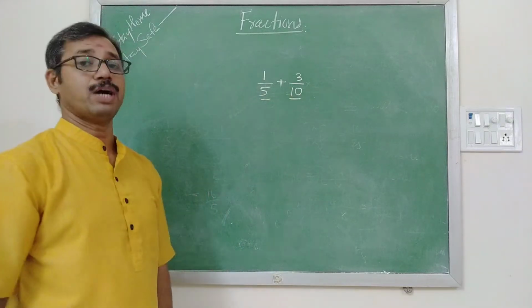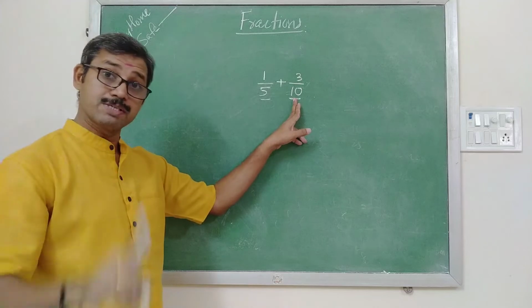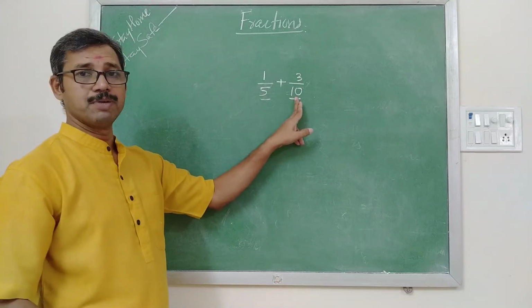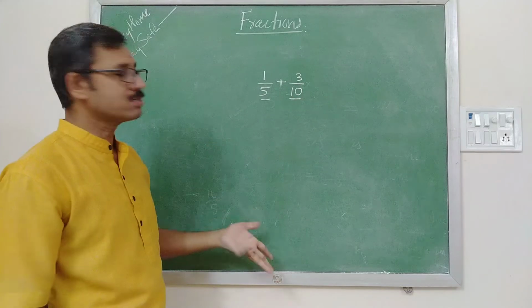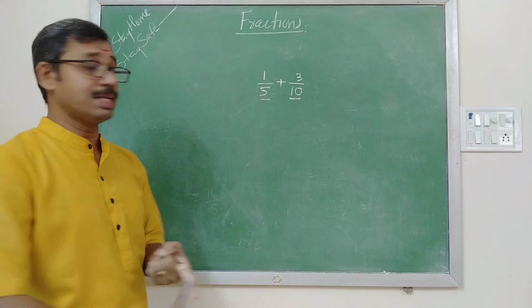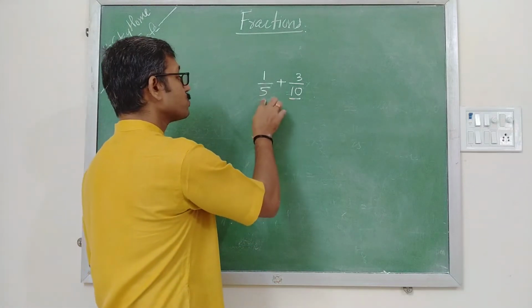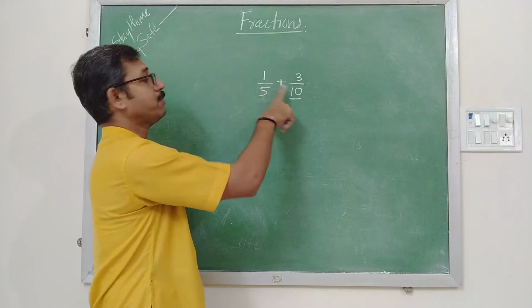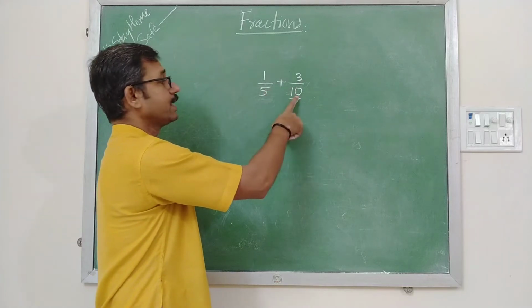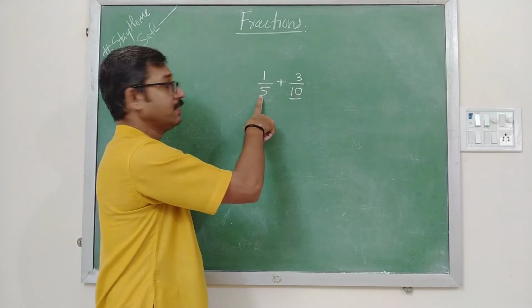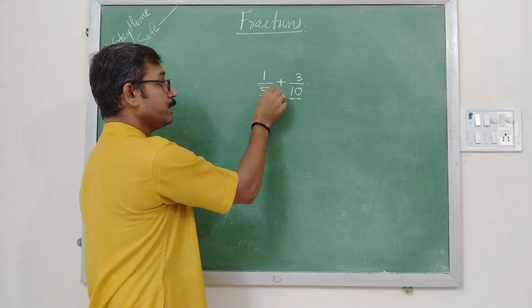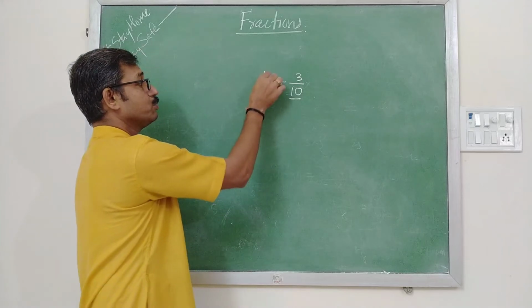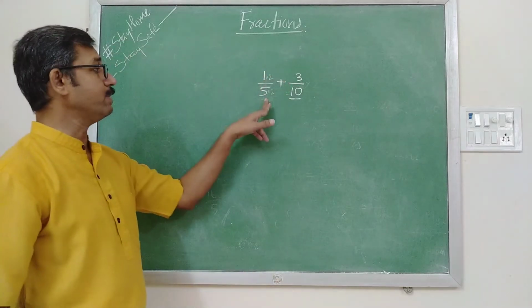So in order to add two fractions, the denominator must be the same. Now, how can we make this denominator the same? Is it possible to multiply by any number here to get 10? Yes, multiplying by 2, we will get 10, correct? 5 2s are 10. So while we multiply the denominator by 2, you must multiply the numerator by the same 2 also, so its value will not change.